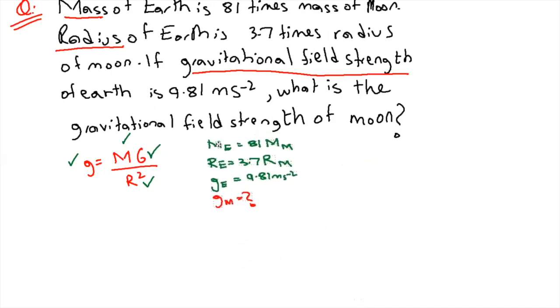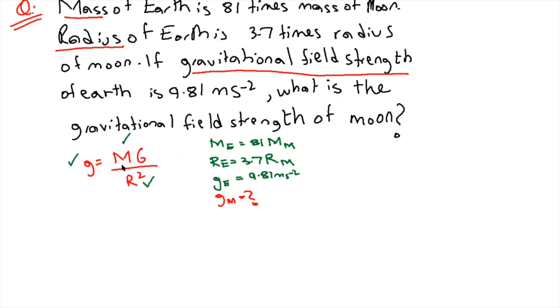What I'm going to do is make two formulas. I have a constant here, right? I have G here. So why don't I utilize this G and manipulate it to find what I want to find? It's a constant. So if I get two equations, one for Earth, one for Moon, can I just equate them by making G common?